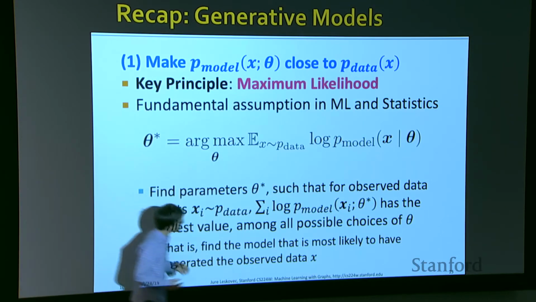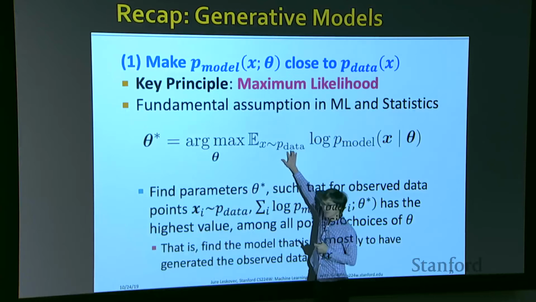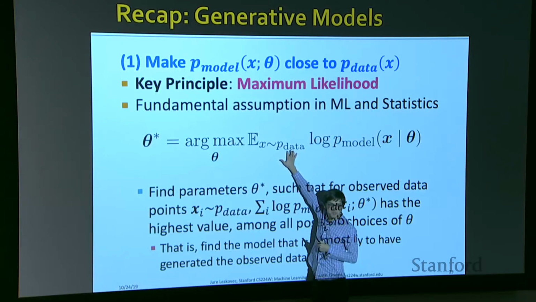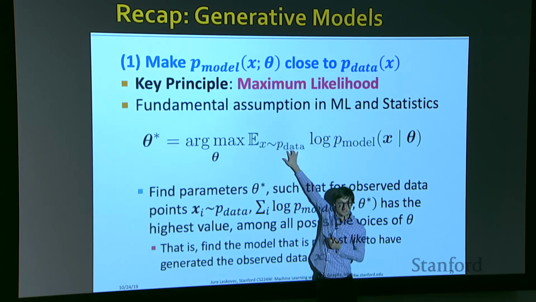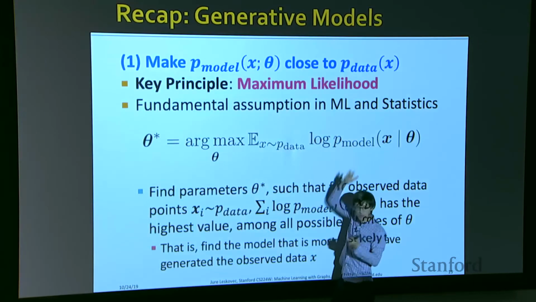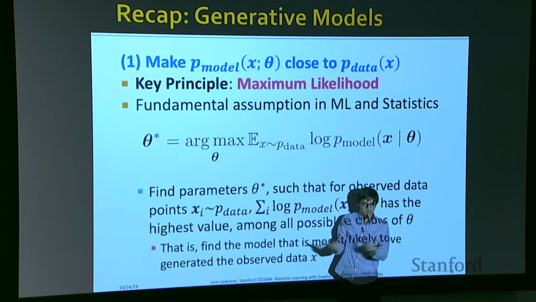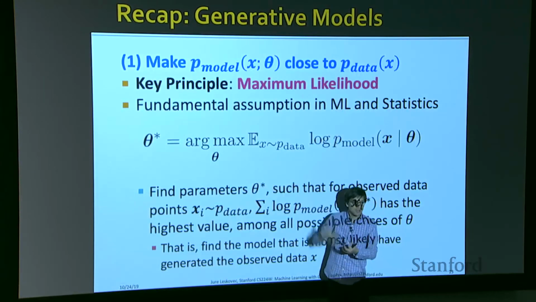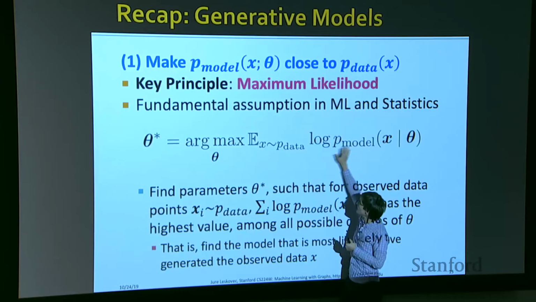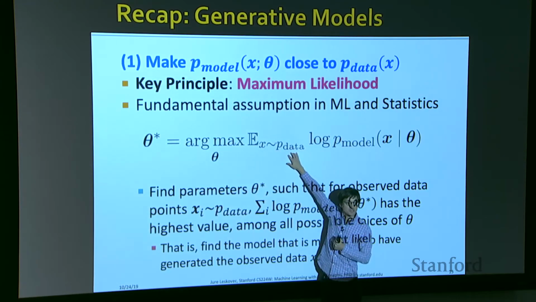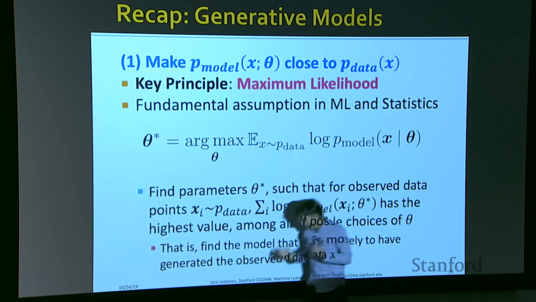The issue here is that we don't know the form of this P data. So this model is just an approximation, right? And here we are making a big assumption that is always hidden in all of machine learning: that whatever this model is, it will be able to approximate this thing. It's a Hail Mary.